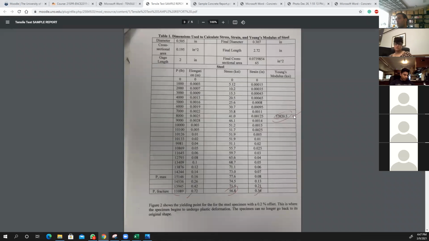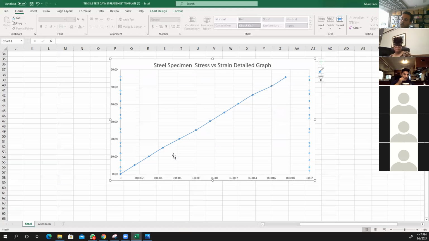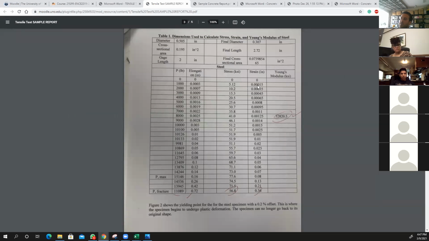In the table, you should only show one Young's modulus. I don't want to see more than one Young's modulus. So in theory, on this linear portion, we assume that the slope is the same. But since we are doing real experiments, the slope is not the same.